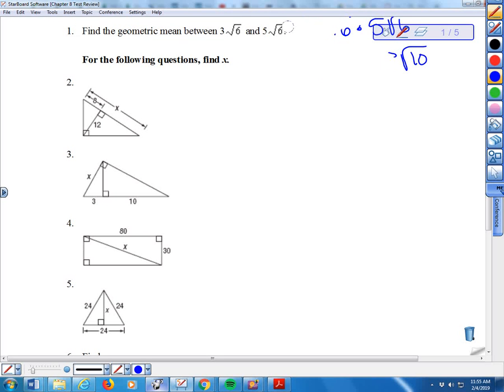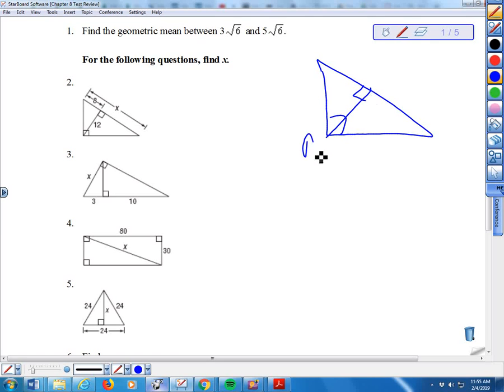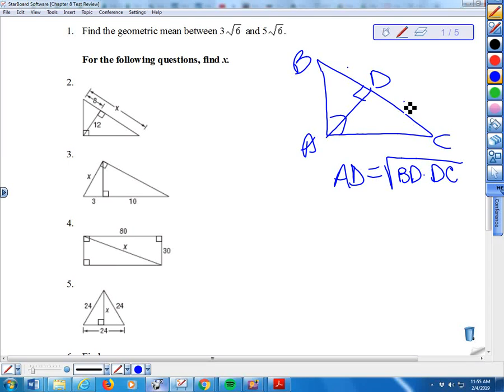Okay, next 2 questions, you can do one of 2 ways. If the test comes tomorrow and you guys can't remember the formulas, there's two types of formulas you need to remember for inscribed triangles. First one is AD is equal to the square root of BD times DC, otherwise known as the geometric mean between the 2 sides of the base it creates.